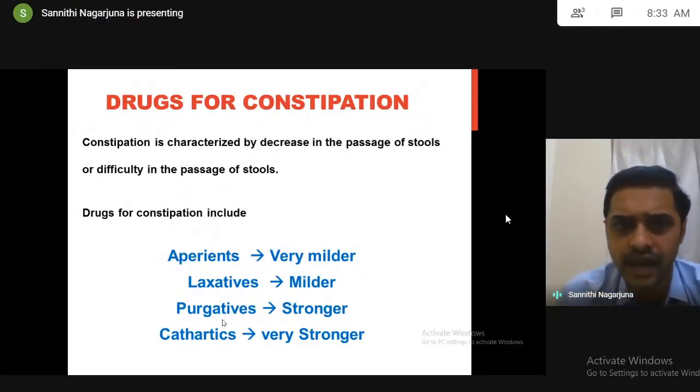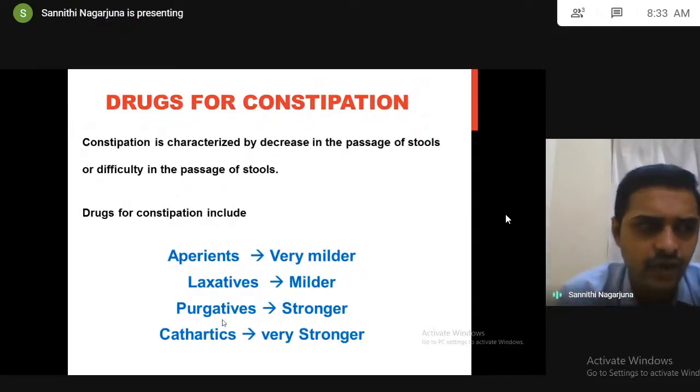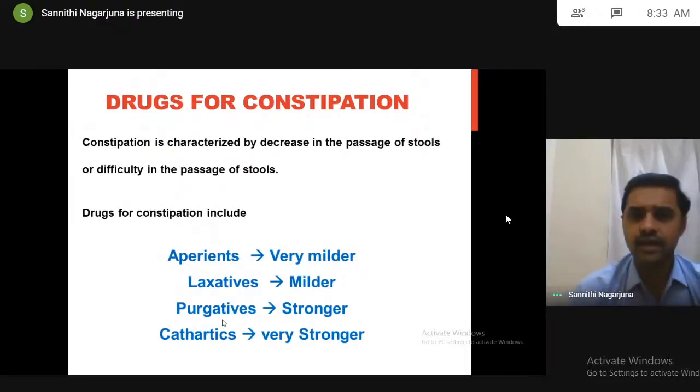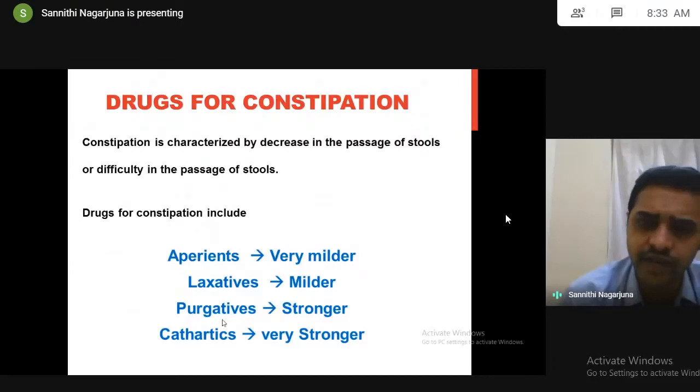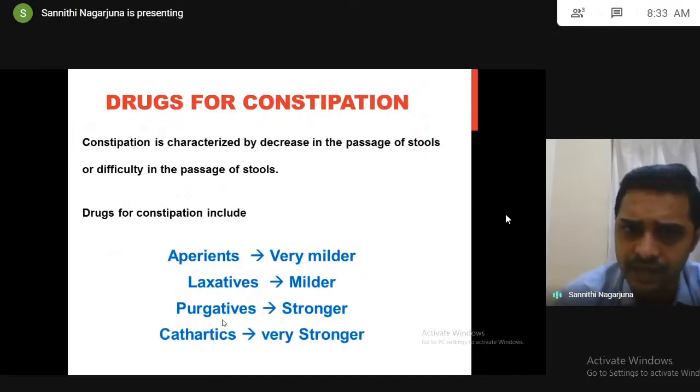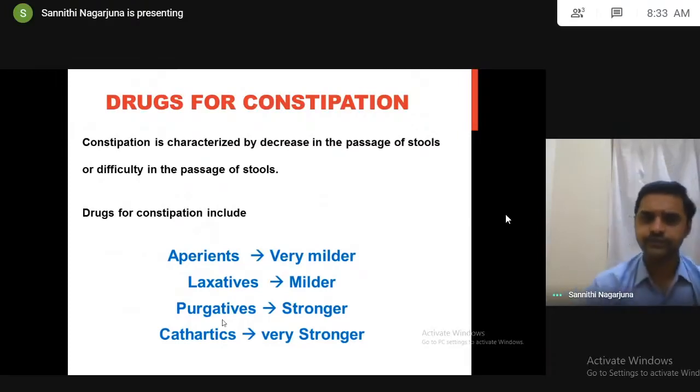Constipation is majorly seen in adults and elders. It is very common above 50, 60 years, because when the age increases, the motility of GIT decreases. As you know, as age increases, the functioning of every system becomes less. So the movement of GIT, the motility of GIT becomes reduced. Hence, constipation is a common problem in the elders.